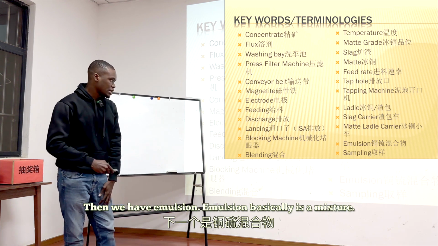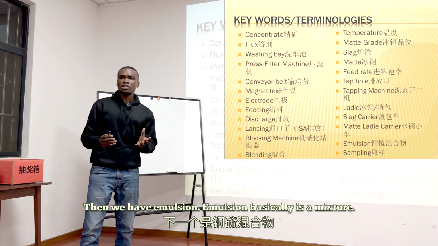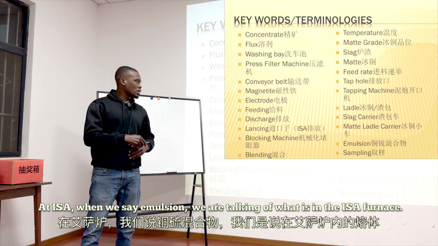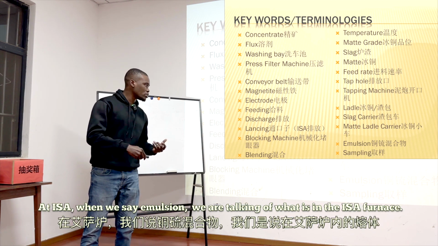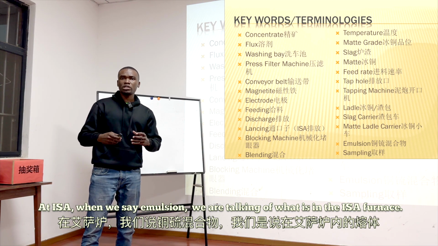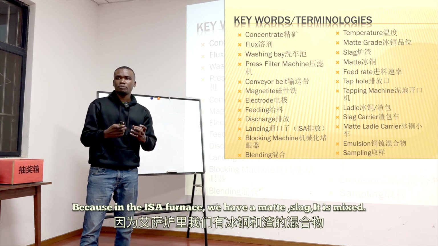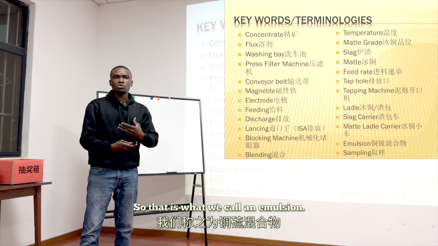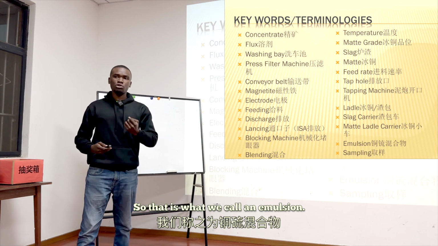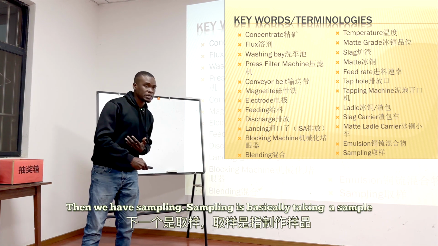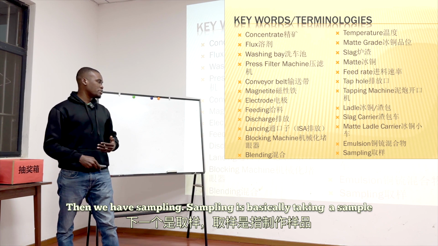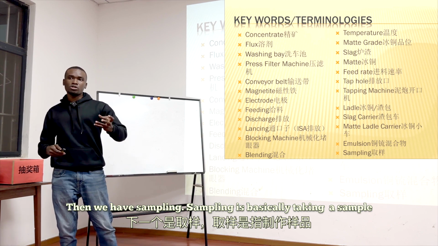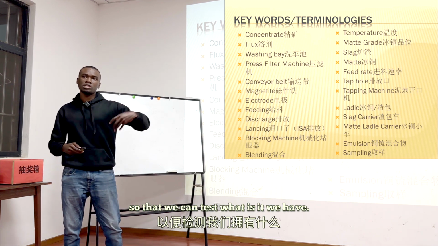Then we have emulsion. Emulsion is basically a mixture. At ISA, when we say emulsion, we are talking of what is in the ISA furnace. Because in the ISA furnace, we have matte and slag mixed. That is what we call an emulsion. Then we've got sampling. Sampling is basically taking a sample so that we can test what we have.